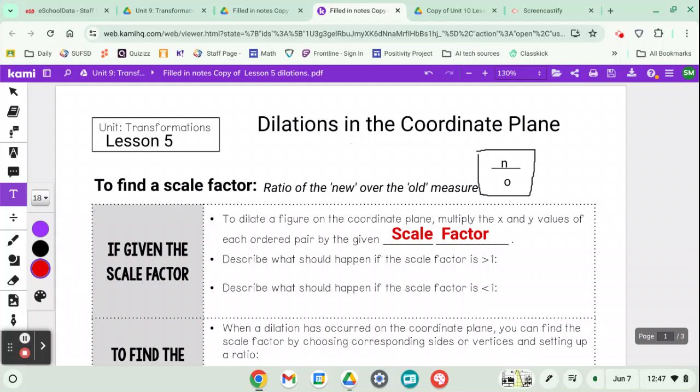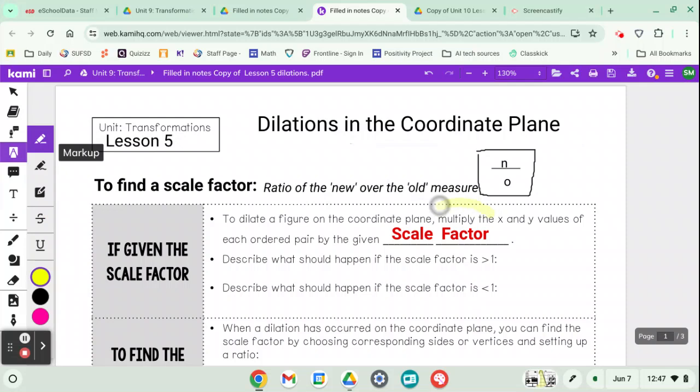Today's lesson is on our last transformation called a dilation, which is an enlargement or a reduction. To dilate a figure in the coordinate plane, we are simply going to be multiplying our x and y values of every ordered pair by a given scale factor.